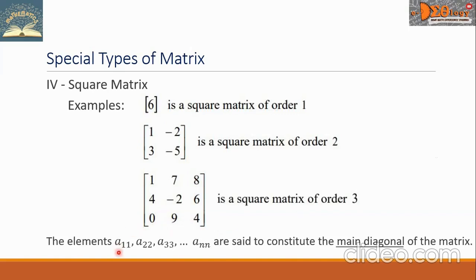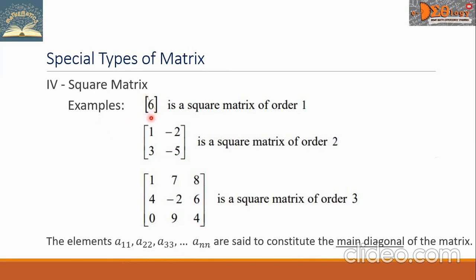The elements A sub 11, A sub 22, A sub 33 up to A sub nn are said to constitute the main diagonal of the matrix. In our first example, with only one element, the main diagonal is itself.